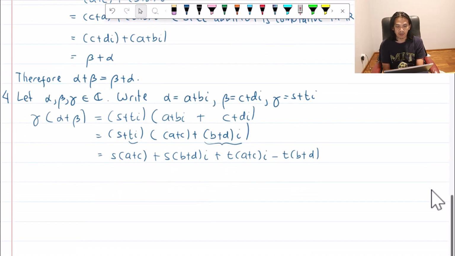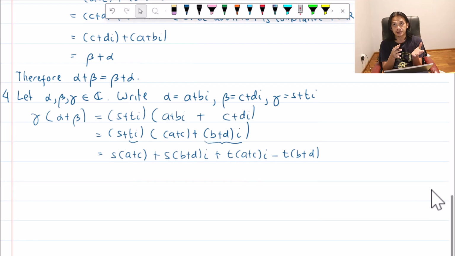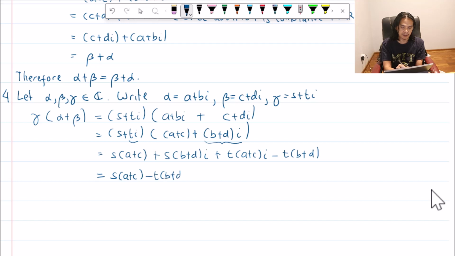Okay, so now we collect all expressions without i and all expressions with i separately. So this is equal to s times a plus c minus t times b plus d, and then we combine all the expressions that have i on them, so we get something like that.